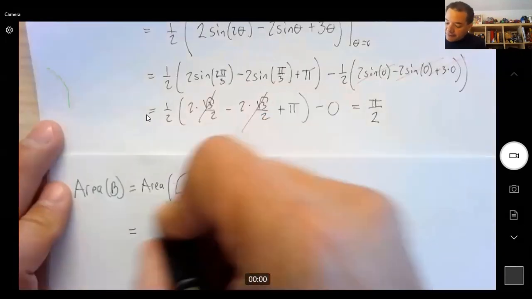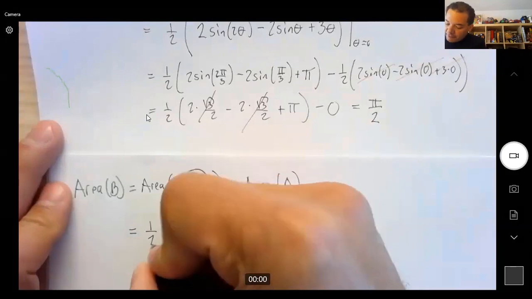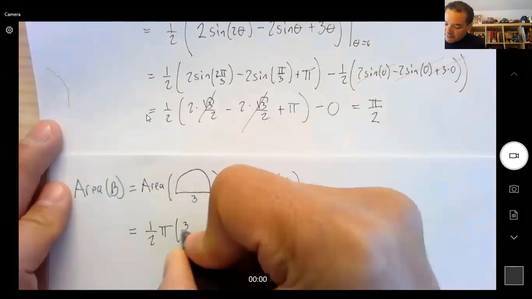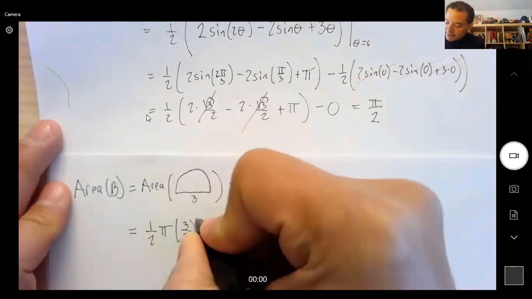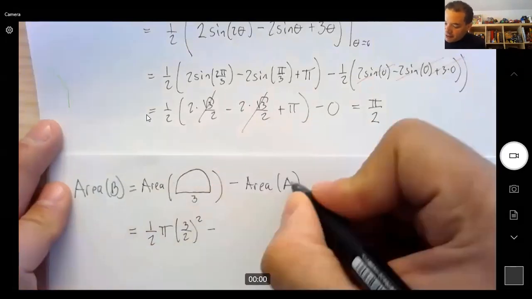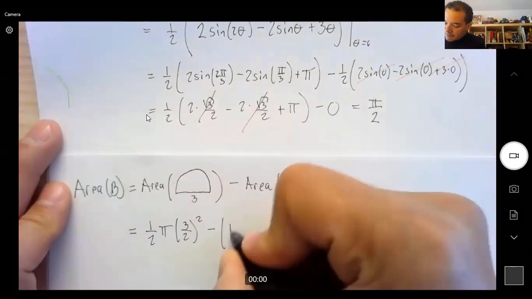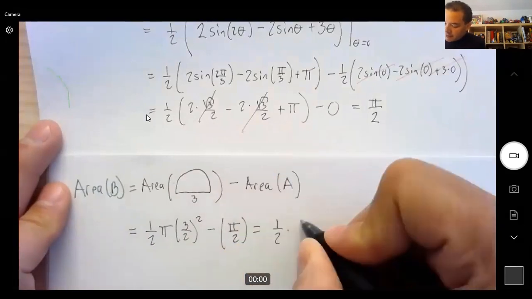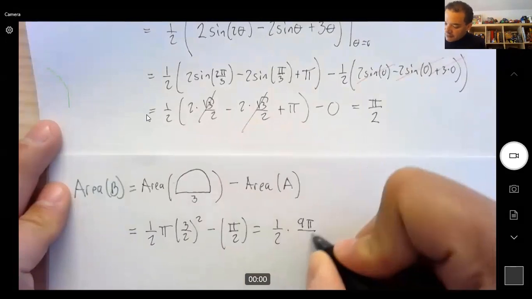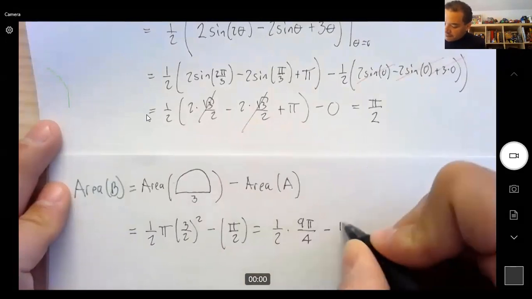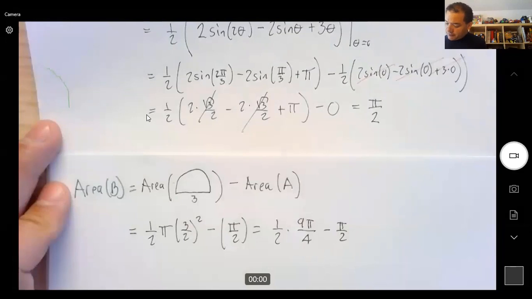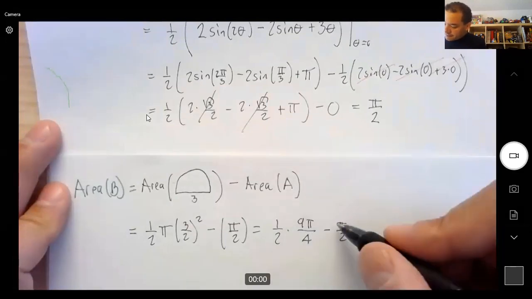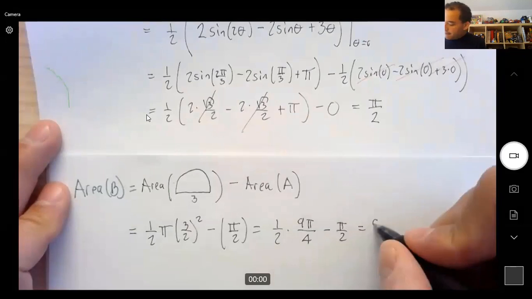And this is half a circle, so it will be half pi, and the radius is 3/2, right? And then subtract the area of A, which is pi over 2. So this will be 9 pi fourths minus pi over 2. So that's 9/8 minus 4/8. That's 5/8.